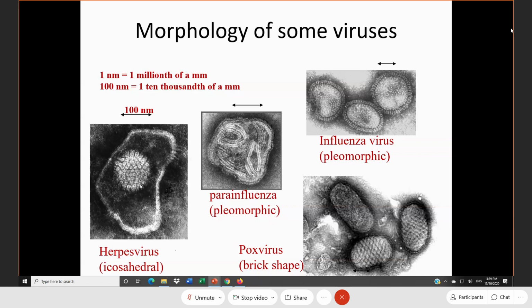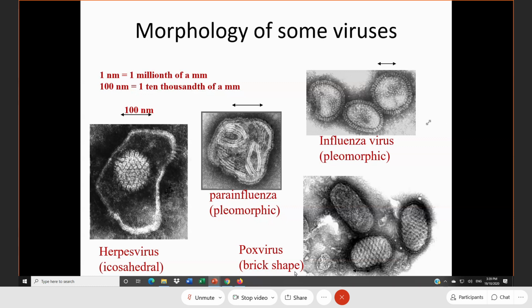So, icosahedral shape, pleomorphic. What is pleomorphic? Morphic is actually shape. Okay, pleo means the shape is not set, just like this one. So here it can be round, can be long, egg-like, can be this shape. Pox virus is quite consistent. The shape under the microscope you can see like this.